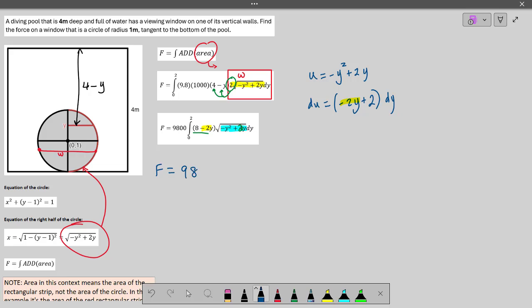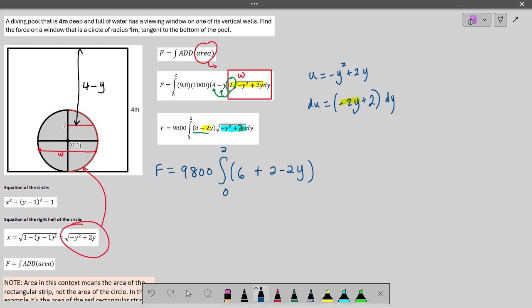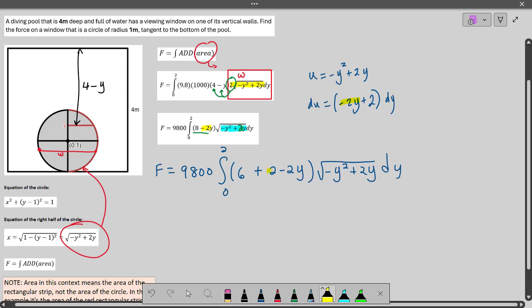So we've got the 9800 and the integral. Here's what we're going to do. We see that this derivative is negative 2y plus 2. What I'm going to do is rewrite this part right there as 6 plus 2 minus 2y. And you're like, wait, why would we do that? Well, that part right there is going to be the derivative piece.